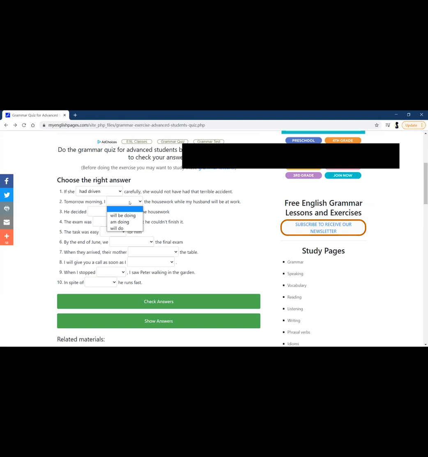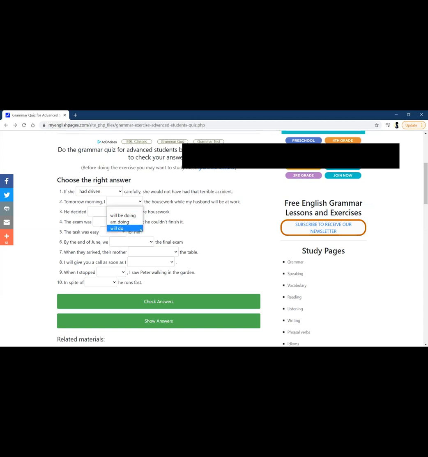Okay, so this question sounds hard because we can first exclude one option, that is I am doing, because it says tomorrow, which means it should be a future tense, and the future tense must have a will or something like will, but am doing here is a present tense.